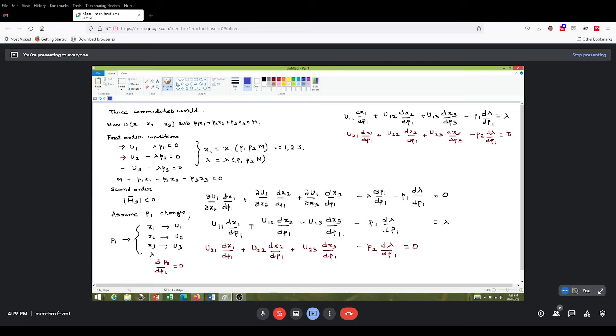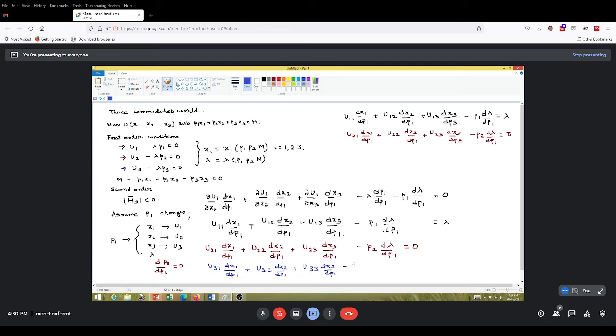Now let us look at u3. In the same way, this will be u31 dx1 by dp1, so this part is the same. Okay, then lambda p3.